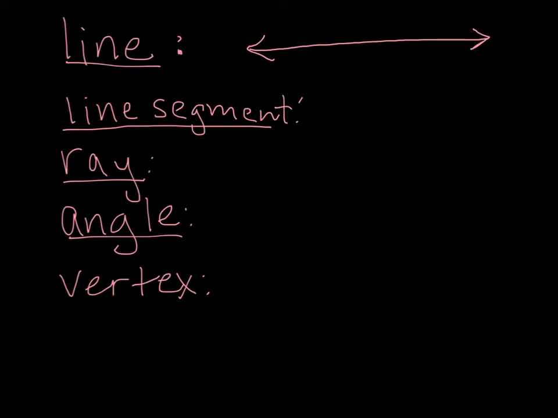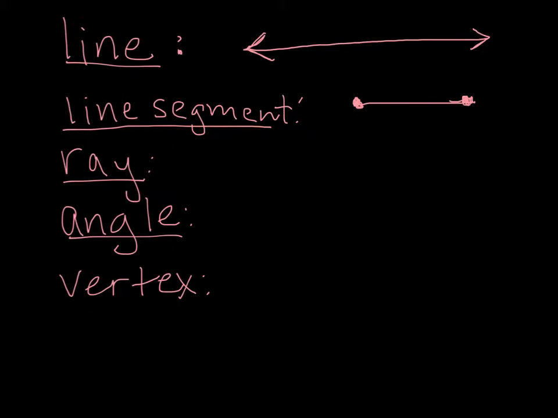Now, the next part is a line segment. A line segment is part of a line that has a beginning and an end. So that is symbolized by dots at the end. So an arrow represents going on forever, and dots represent an endpoint on a line.